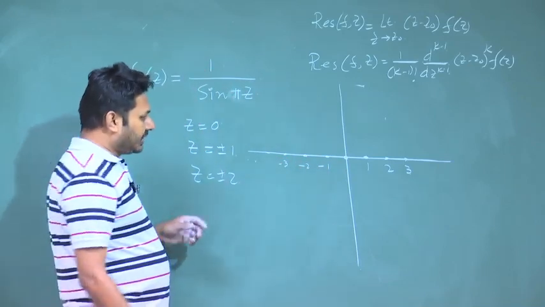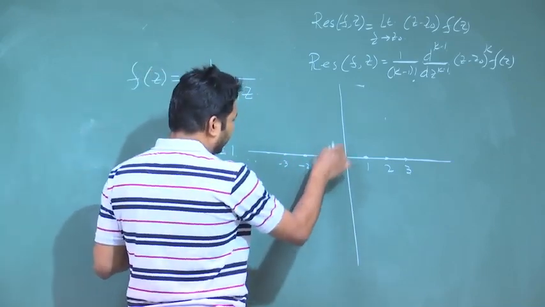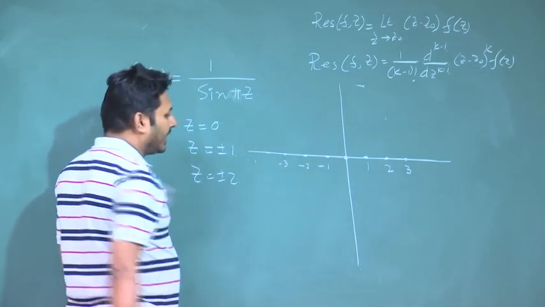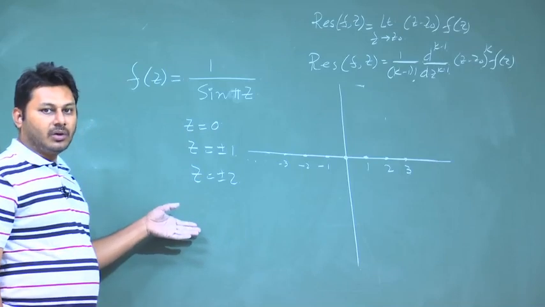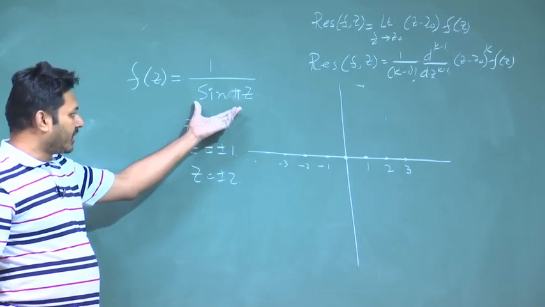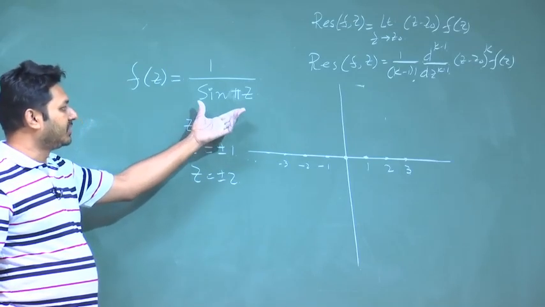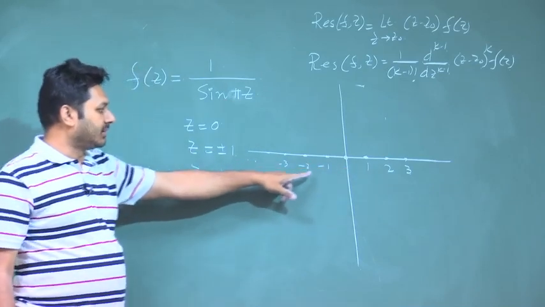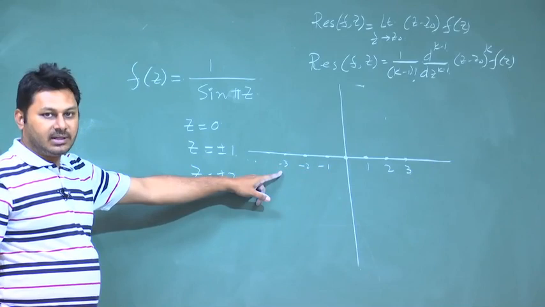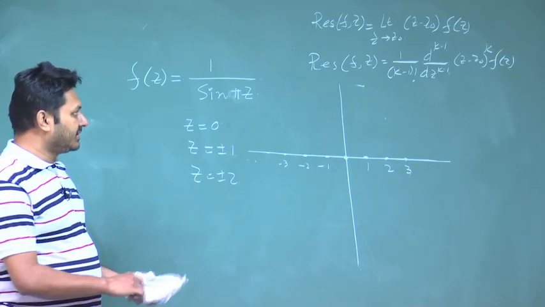So the function is analytic in the intermediate regions, and apart from that this function has an infinite number of singularities. Now, if I try to find the residue of this particular function at any of these singular points, how do I figure it out? That is an interesting problem.